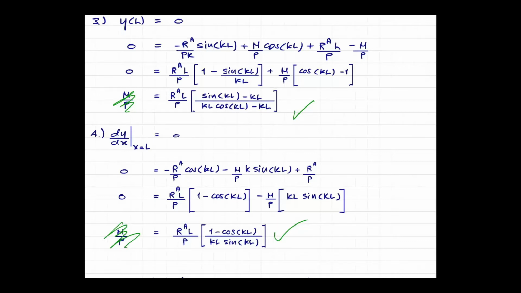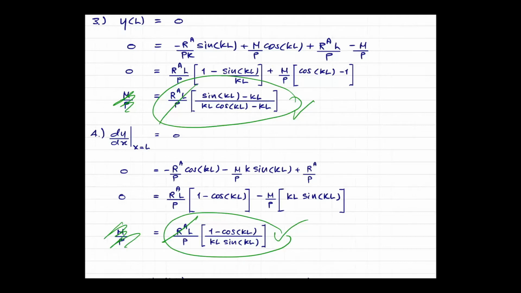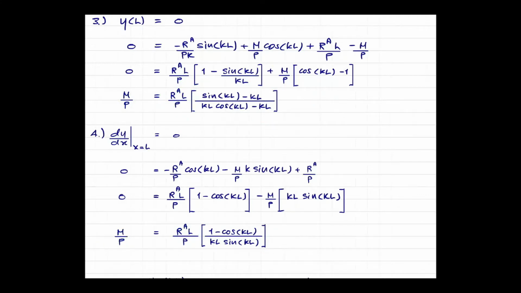You will not get a function of RA in terms of K. You equate these two pieces, these terms will cancel out. Or if you write RA in terms of M over P and the function of KL, RA will not exist anyway. So it leads to some suspicion that RA is going to be some value. But what is it? That's why we try many ways to find and verify that RA is essentially 0.